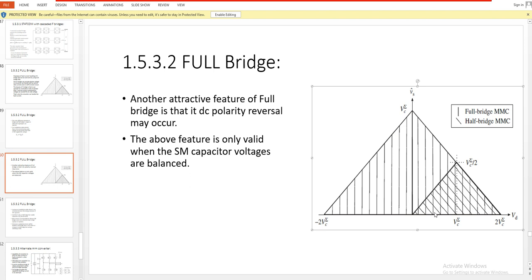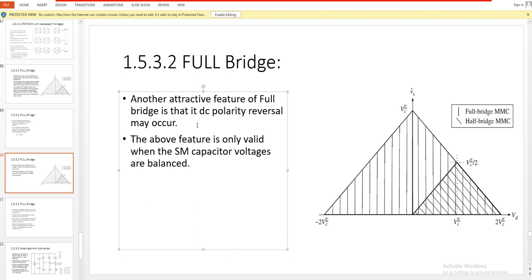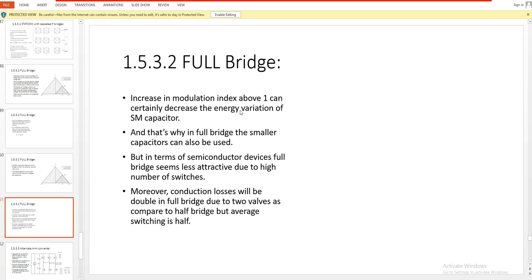Here you can see that the operating range of the half bridge submodule is unipolar, but in the case of the full bridge submodule its operating range is basically minus twice of VC, 0 and twice of VC. So it can provide you negative voltage as well. This feature is only valid when the submodule capacitor voltages are balanced.